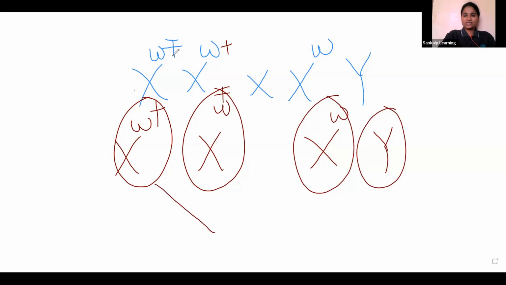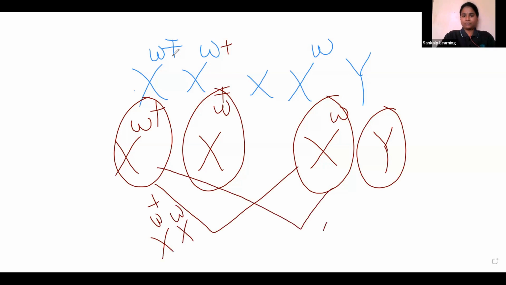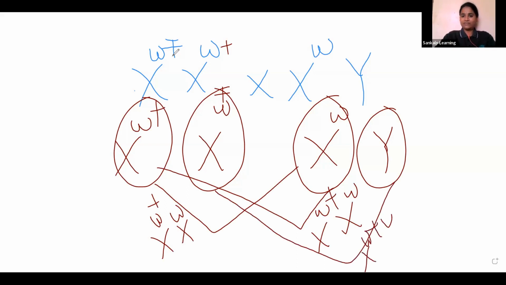Now, when the cross happens, XW plus XW, this is a red-eyed female. Next, XW plus XW, this is a red-eyed female. XW plus Y.